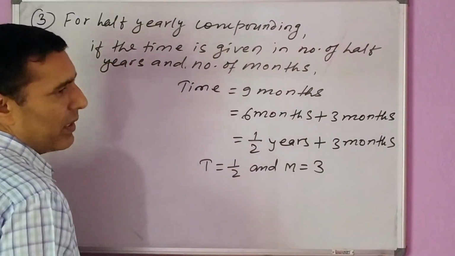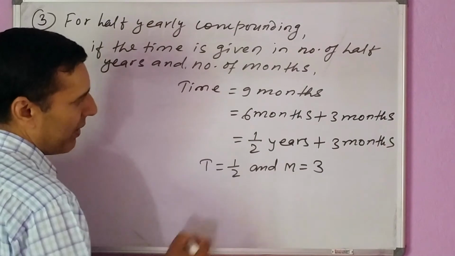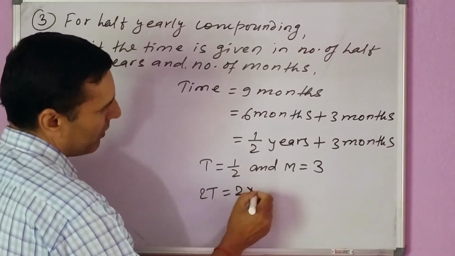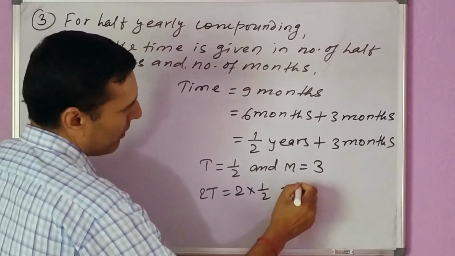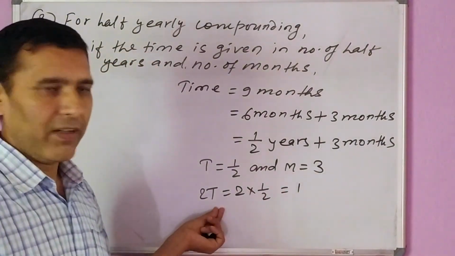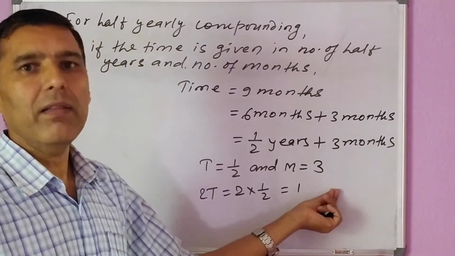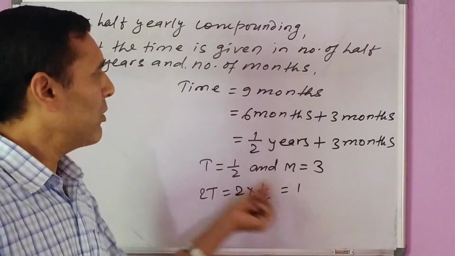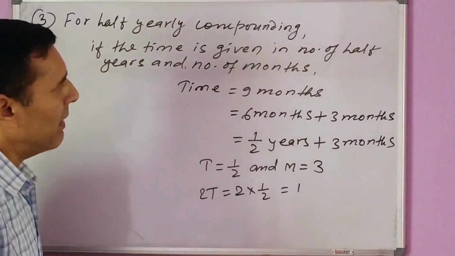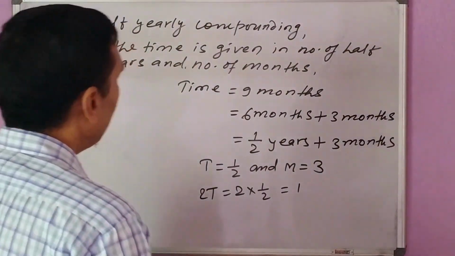But we have 2t in the formula, isn't it? For half yearly compounding, so the value of 2t will be 2 into 1/2, so it is 1. That means 2t is the number of half years, that is 1 half year and 3 months. In this way we have to manage the given time. For this condition we will derive the formula.